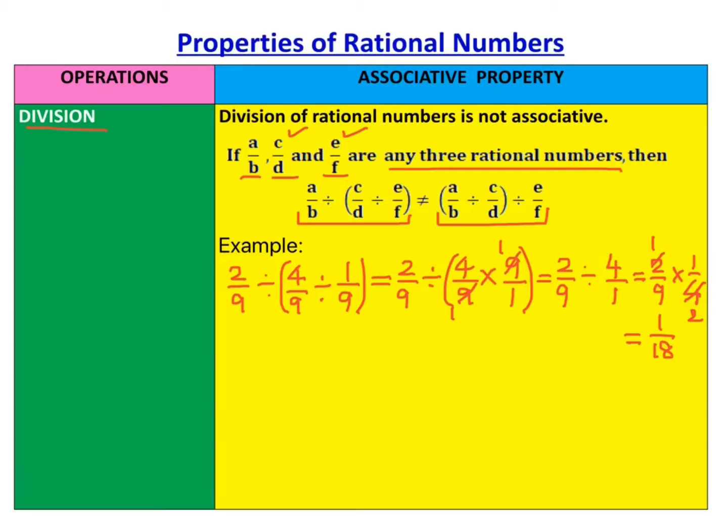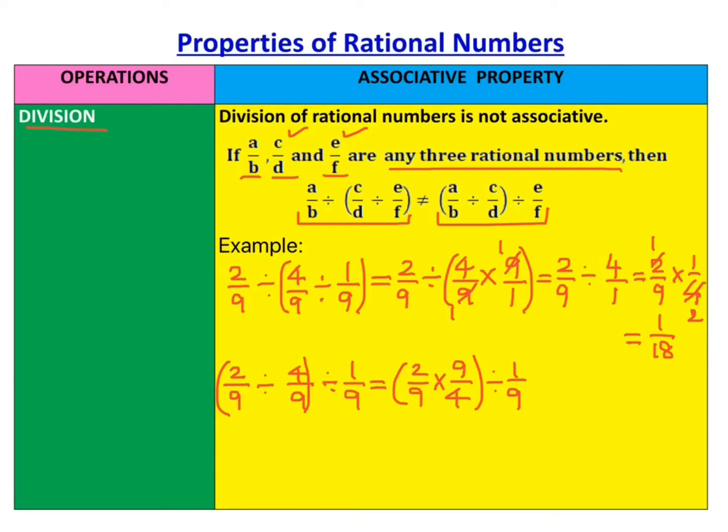Now let's consider the same rational numbers. 2 by 9 divided by 4 by 9 divided by 1 by 9. And now this time let's group the first two rational numbers in this way. Now this expression is equal to, first we will simplify inside the bracket. 2 by 9 multiplied by the reciprocal of 4 by 9, that is 9 by 4, divided by 1 by 9.